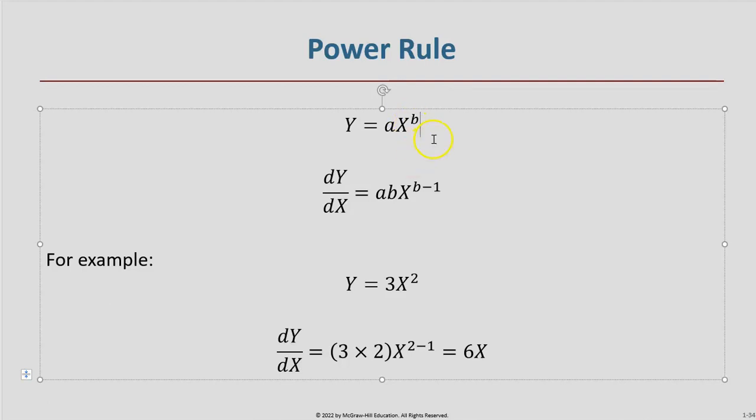So the power rule says that if you take the first derivative, dy/dx, you take the exponent b and bring it down in front of x, and take the product of a times b. And then for the exponent, subtract 1 from the exponent. That would be the marginal, or the slope, of function y. For example, let's say y equals 3x squared.